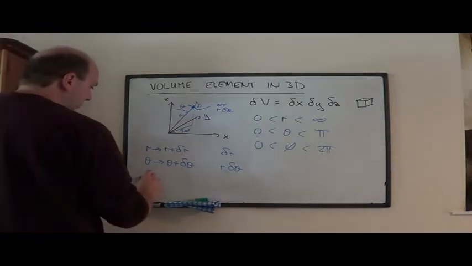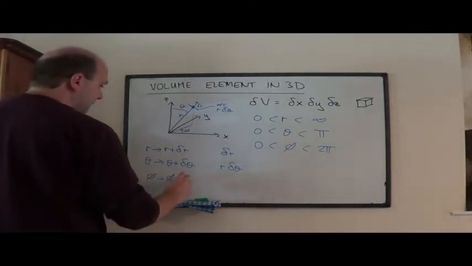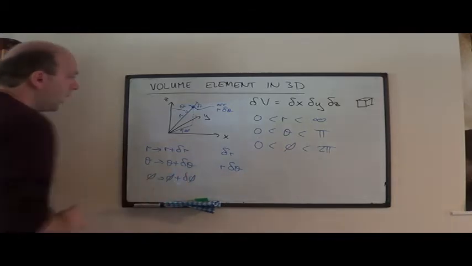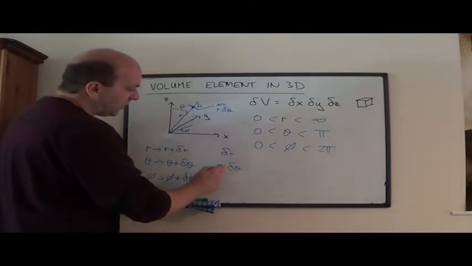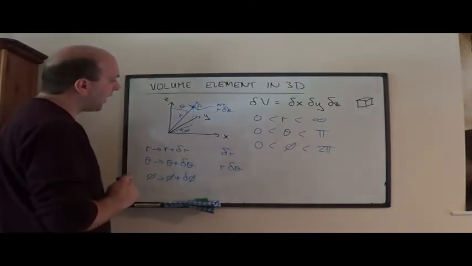The final thing, of course, we can do is to change phi. And what does that do? Well, naively you might think that it would give you an r d phi, but that's not right.